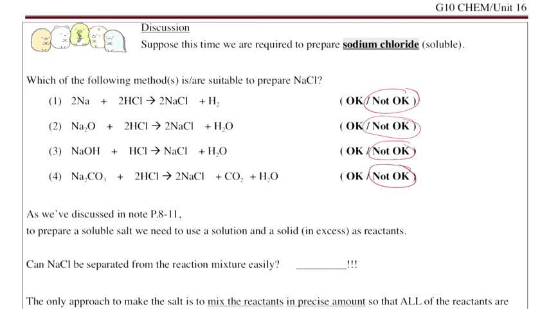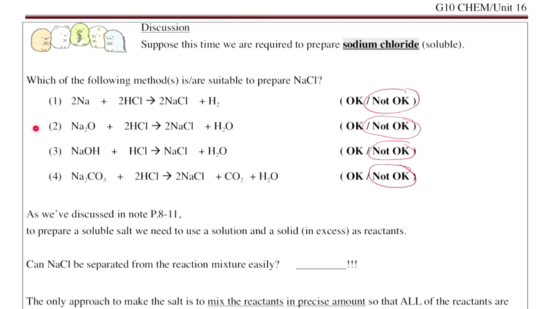Remember, on the previous page we discussed that to prepare a soluble salt we need to use a solution and a solid in excess as reactant. The solid we put in excess just to make sure that all the solution has been used to make the product we want. Then we can filter the solid to remove the unreacted excess solid, so the only thing left in the mixture is just the product we want.